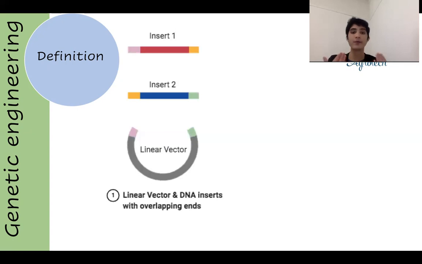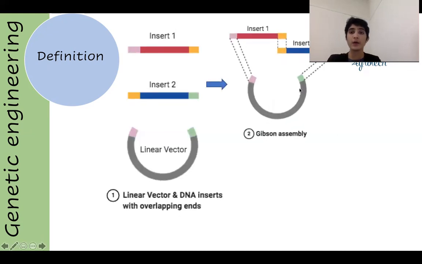And we have a linear vector, another vector. It has a different set of genetic material. And next, we insert these foreign DNA into the linear vector in a specific way.